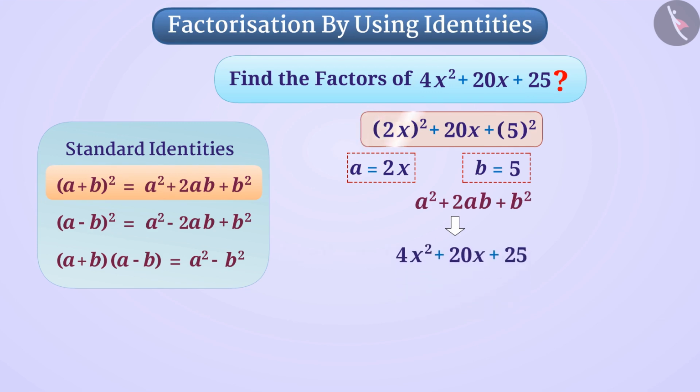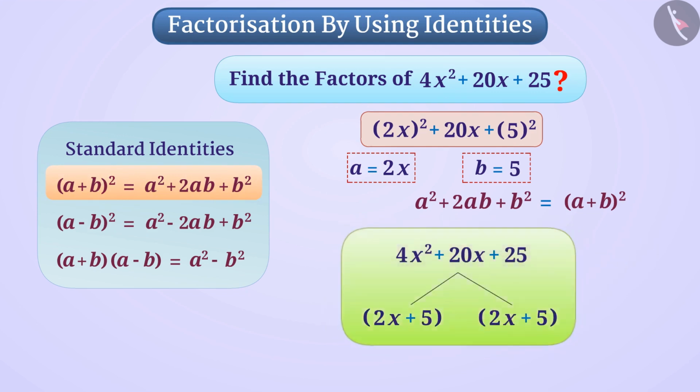But according to the identity, a square plus 2ab plus b square is equal to (a plus b) whole square, so we can say 4x square plus 20x plus 25 is equal to (2x plus 5) whole square. Thus, with the help of a standard identity, we have factorized this expression, and these are its factors.